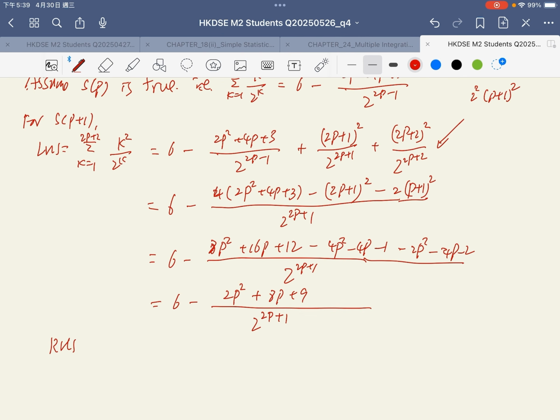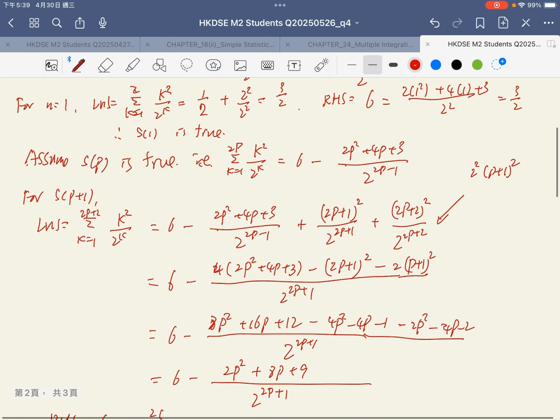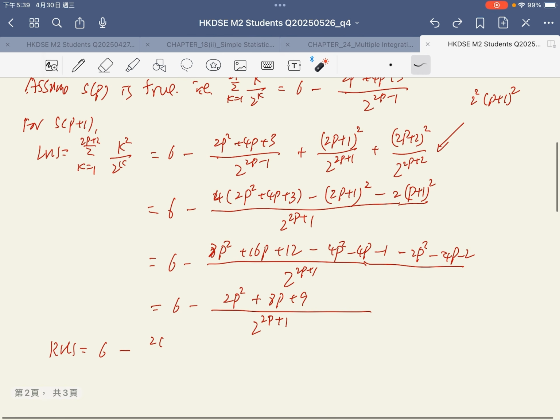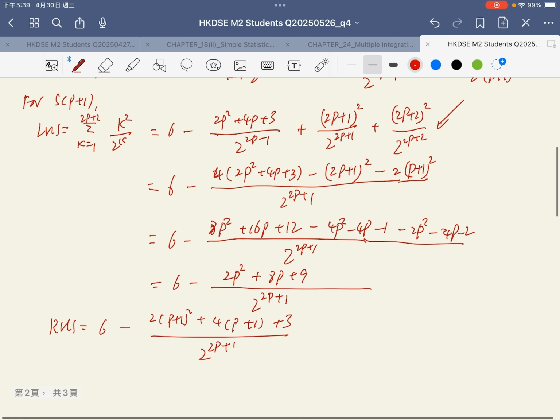Okay, and then I write the right hand side. The right hand side should be like that. Replace p by p plus 1. Therefore, that is 2 times (p plus 1) squared plus 4 times (p plus 1) plus 3, over 2 to the power 2p plus 1.